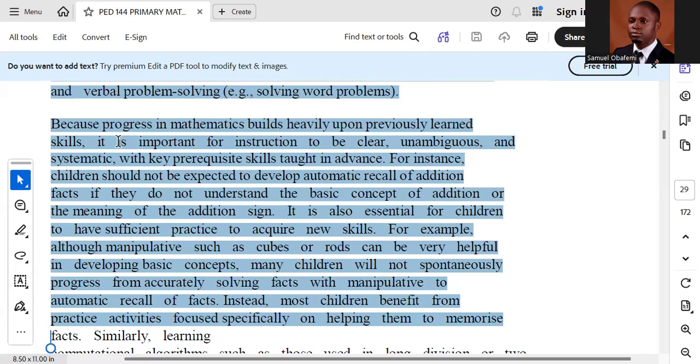Now, if the pupil spent 1 minute thinking, what is 7 times 8 again? Then it means the student will have problems in the larger calculations.